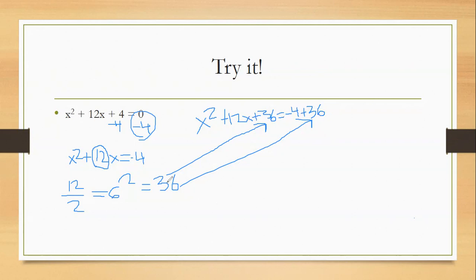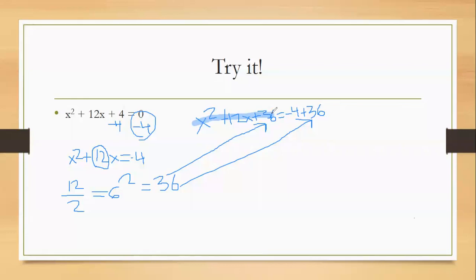Back to this though. Does everyone see where I get what I do with the 36? Now what you're going to do is take that polynomial, this side, and factor it.